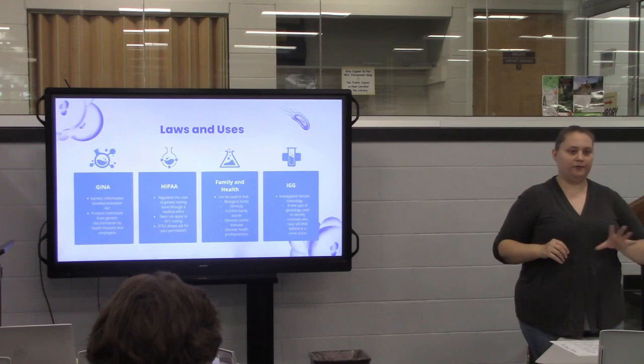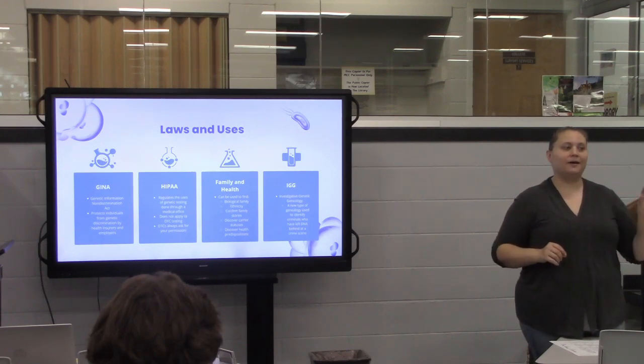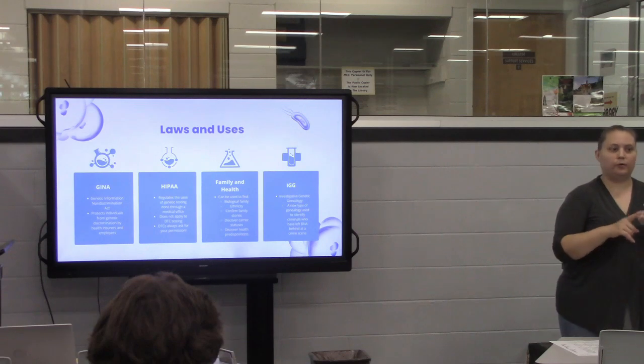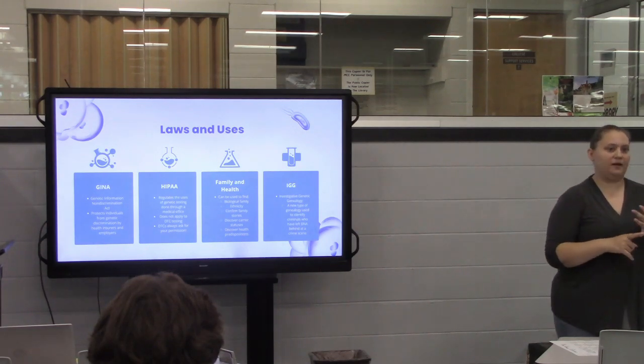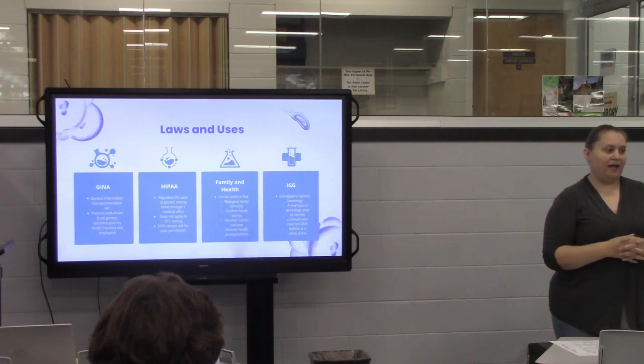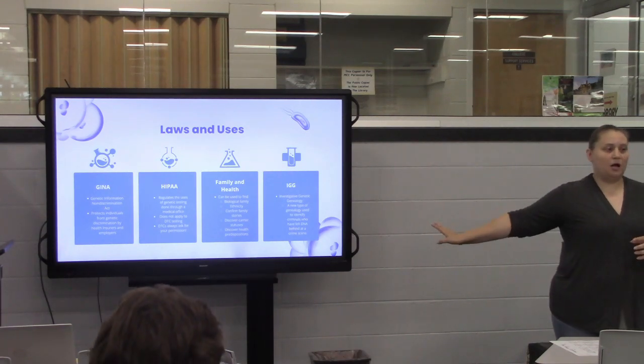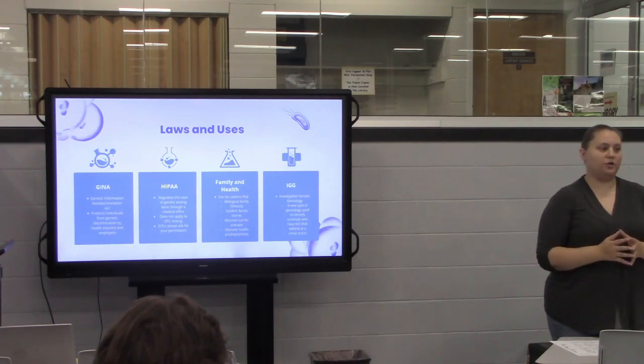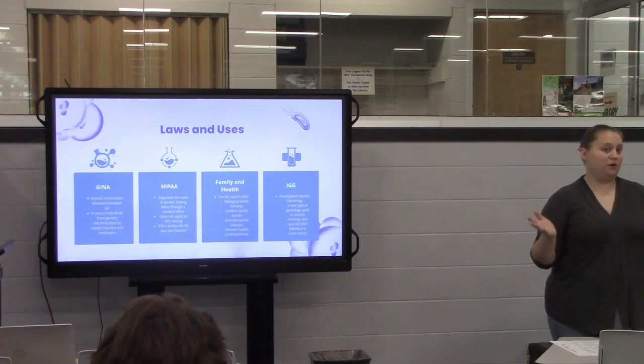And that's just a funny acronym that stands for direct to consumer. So that's going to be things like Ancestry, 23andMe, MyHeritage, Family Tree, so on and so forth. If you can go online and buy that kit from one of these websites, HIPAA does not cover it, does not protect it. Okay, that's only for genetic tests that are done through a doctor's office. Just be aware of that.